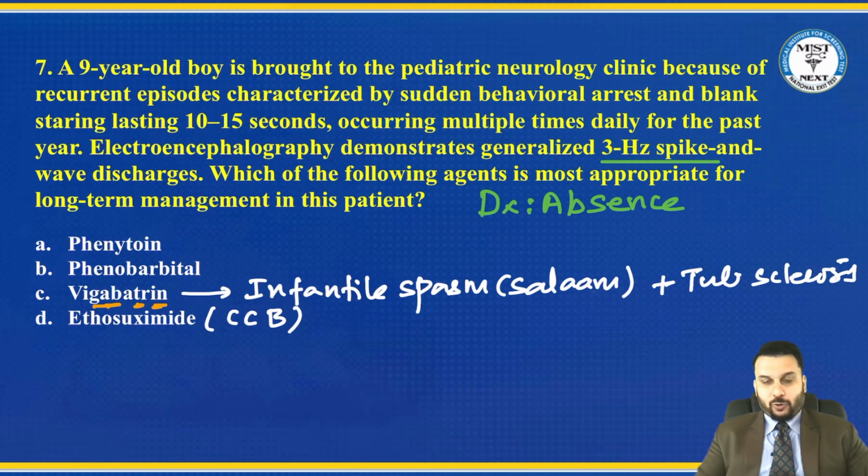Okay, tuberous sclerosis. So when you have tuberous sclerosis plus infantile spasm, we must give vigabatrin. If there is only salaam seizure without tuberous sclerosis, then we give ACTH, adrenocorticotropic hormone, ACTH. Okay.